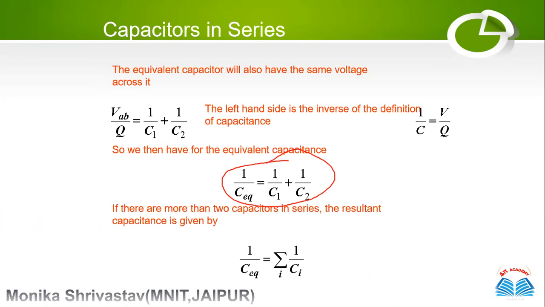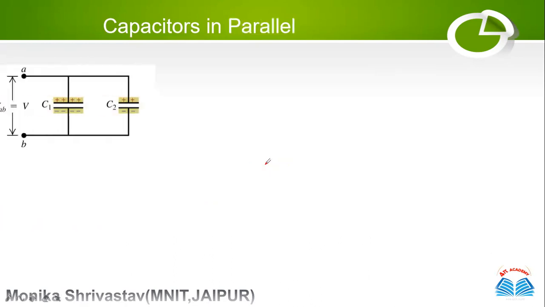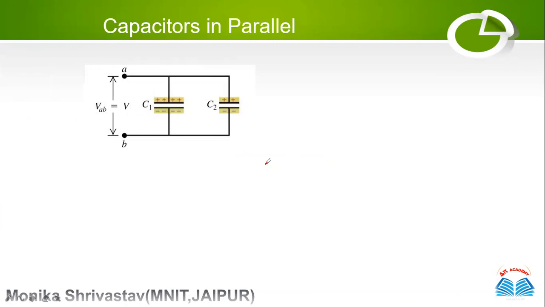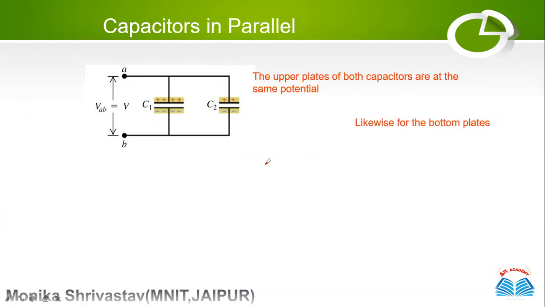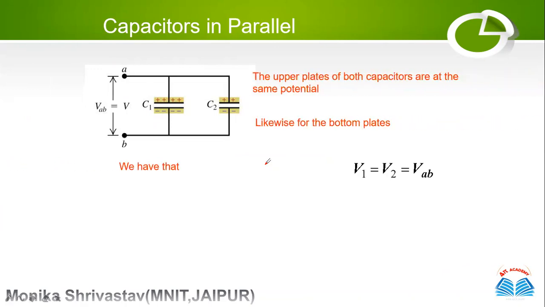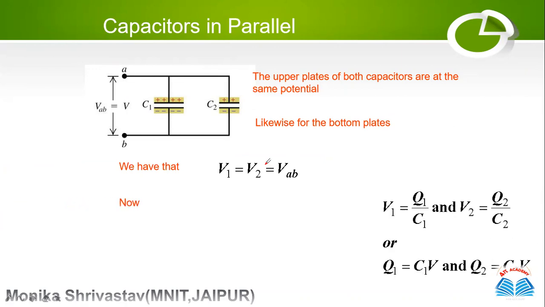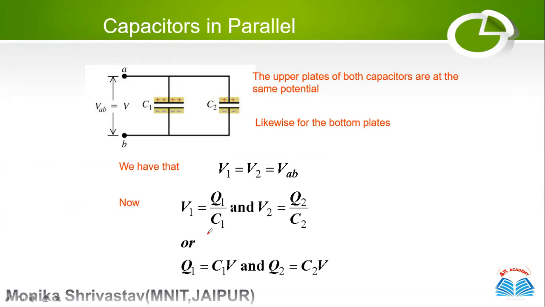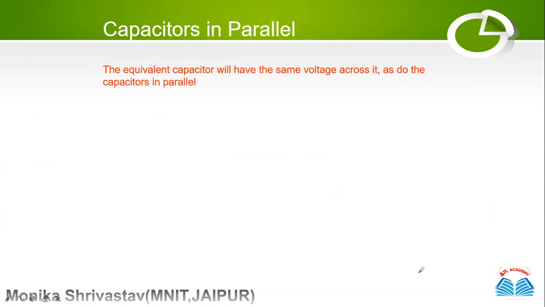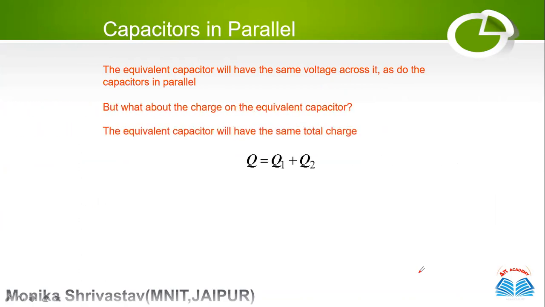Next, if we want to calculate the capacitance in a parallel configuration, the potential remains constant, and now the charge changes. There are two different charges on those two capacitors. So we consider V1 equals Q1 over C1 and V2 equals Q2 over C2, and thus we get Q equals Q1 plus Q2, because the charges are different.